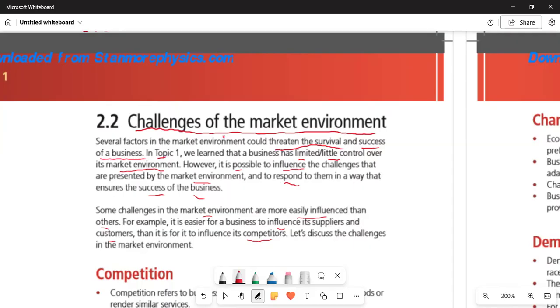Also, they can negotiate with suppliers for prices. But with competitors, it is very difficult to influence them. So let us discuss the challenges in the market environment.